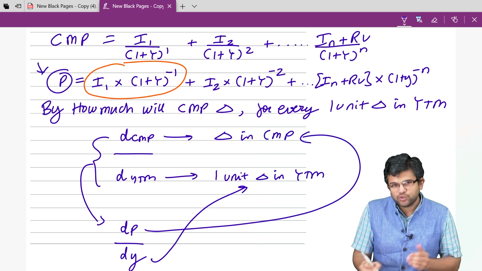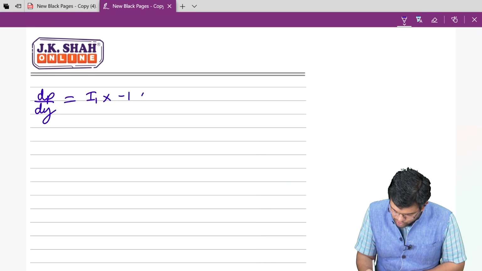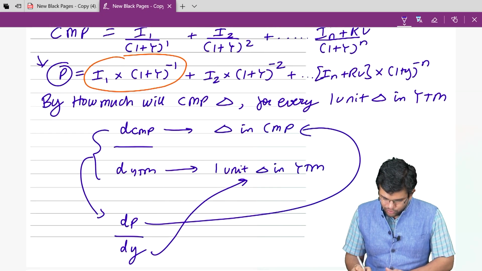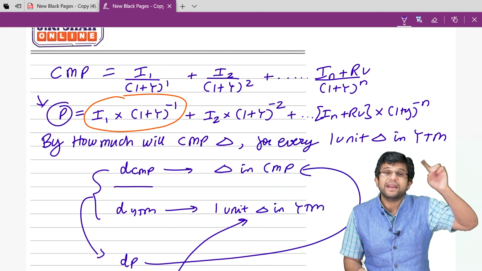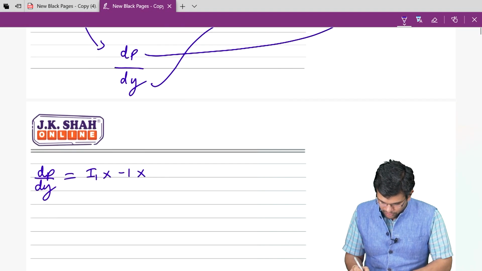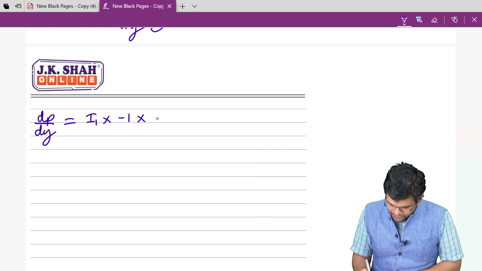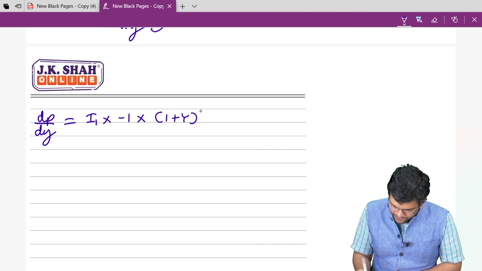Can I say this minus 1 will come down? So I'll write down here into minus 1 into, and now children, this is 1 plus y raised to minus 1 minus 1. Everybody clear? I hope you remember the first video of derivatives in this module of bond convexity. So I'll write down here into 1 plus y raised to minus 1 minus 1.